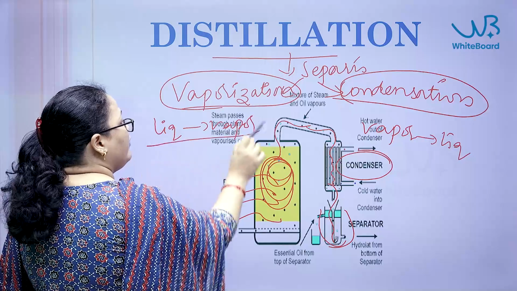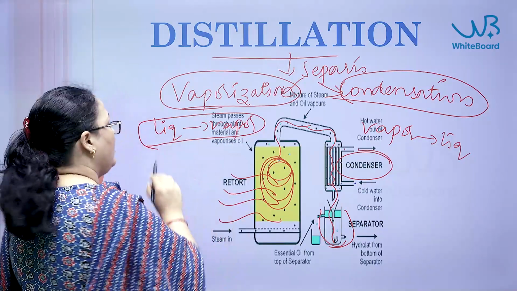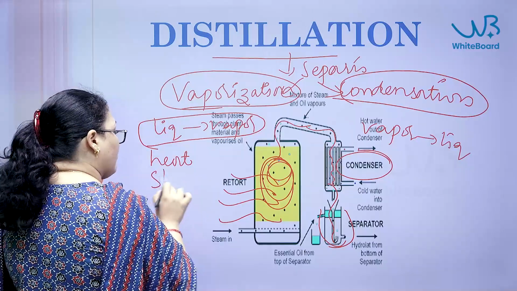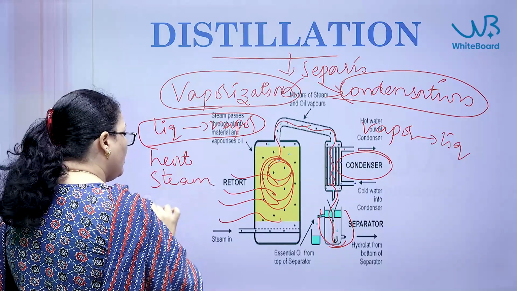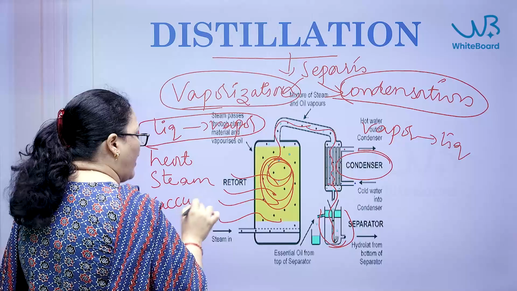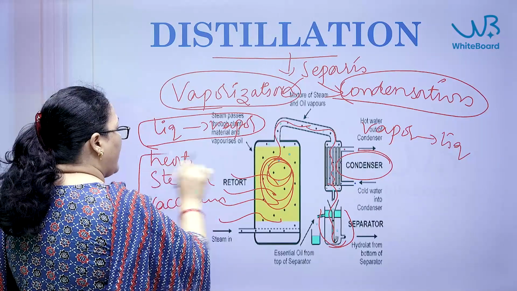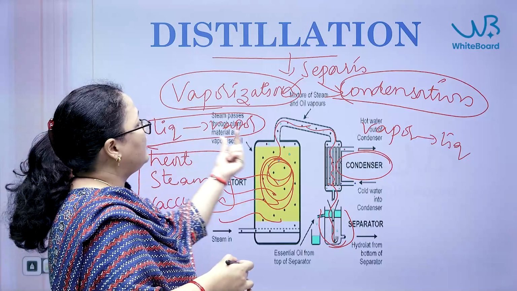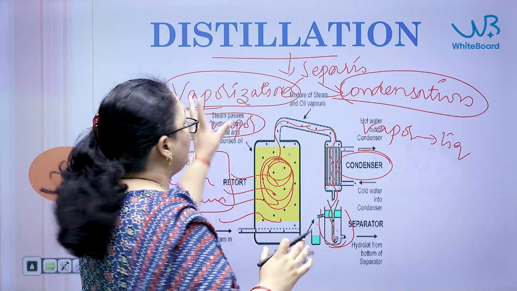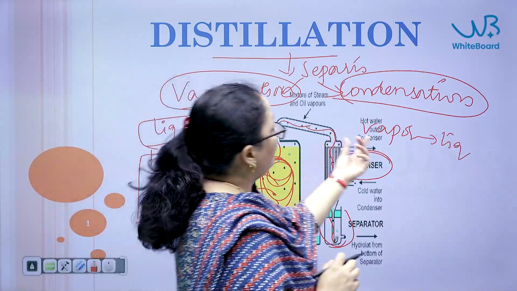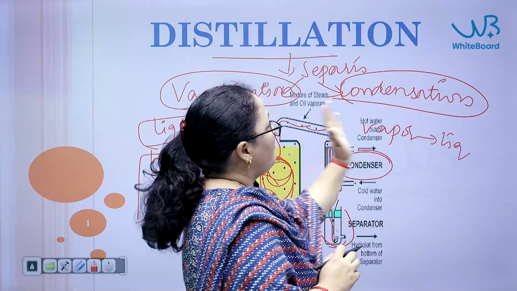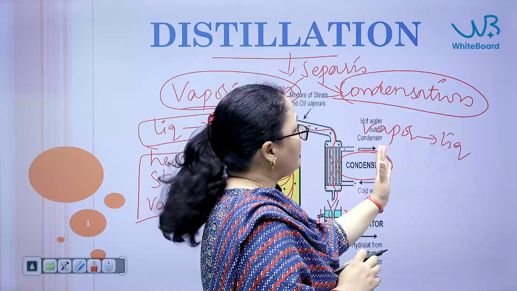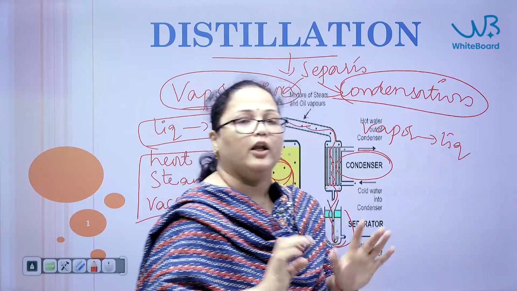Here the liquid will be converted into vapor either by direct heating, or by supplying steam, or by supplying a vacuum. By these different means of heat supply, ultimately the liquid will be converted into vapor, which is known as vaporization. Afterwards, the vapor that has formed will reach the condenser, where it will be returned to the liquid form.